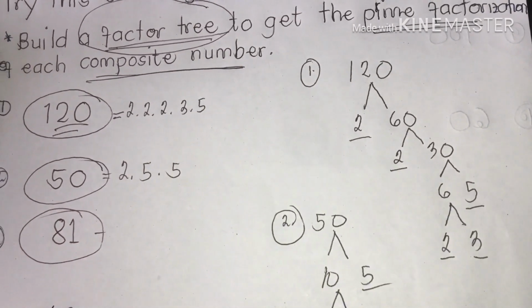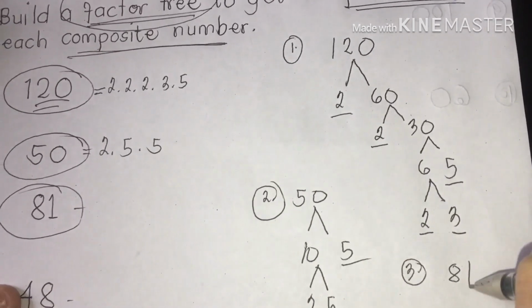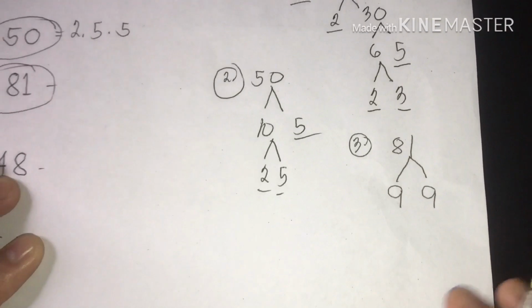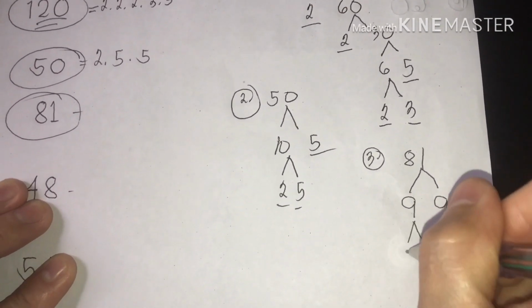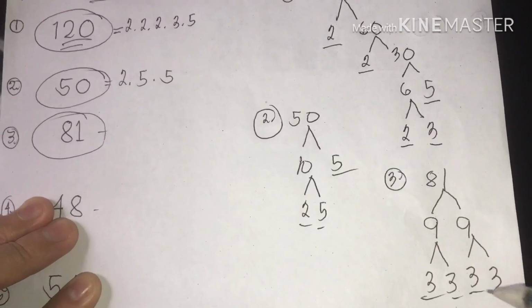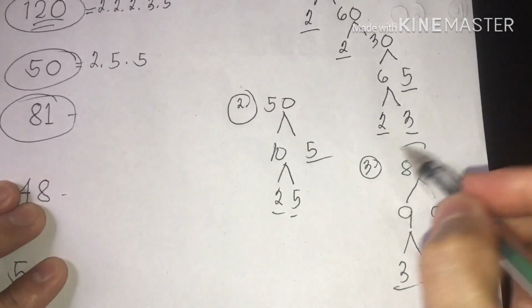Next, 81. We're going to factor number 3, 81. 9 times 9. All you have to do, class, is apply your multiplication skills. Okay, so we have 3 times 3 is 9, 9 times 3 is 27, times 3 is 81.